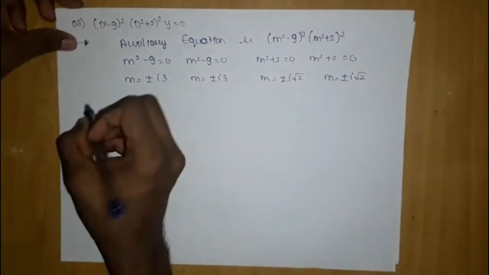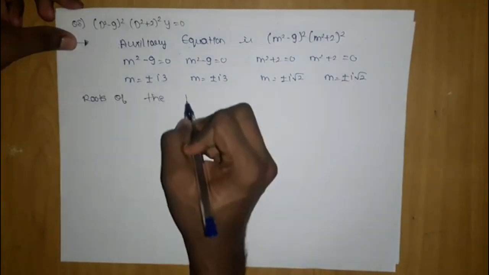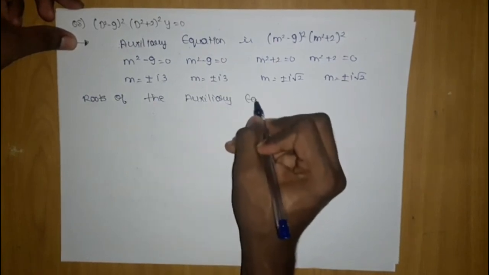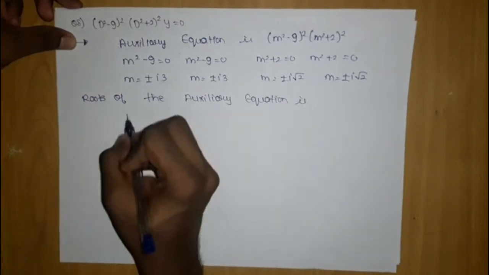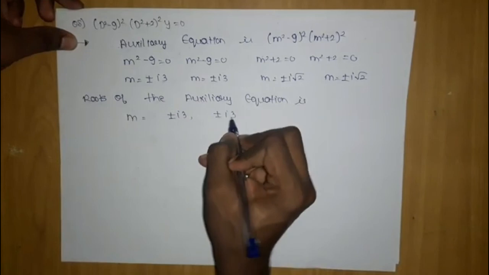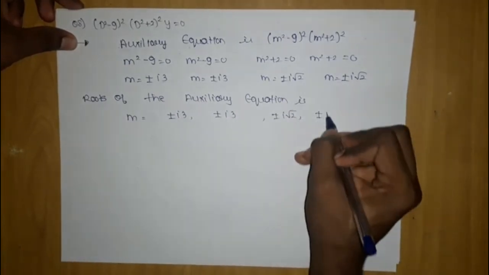So the roots of the auxiliary equation are m equals plus minus 3, plus minus 3, and plus minus iota root 2, plus minus iota root 2.